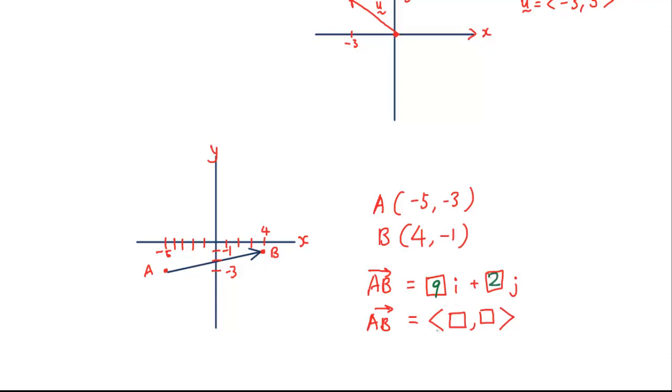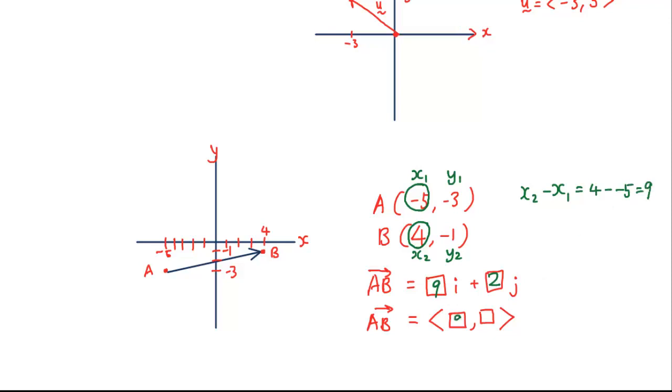You can simply do that, or if you want to do it mathematically, you can just take the coordinate for point B minus the coordinate for point A. So let's say this is x2, y2, and this is x1, y1. You can simply go x2 minus x1, which is 4 minus -5, which is 9.